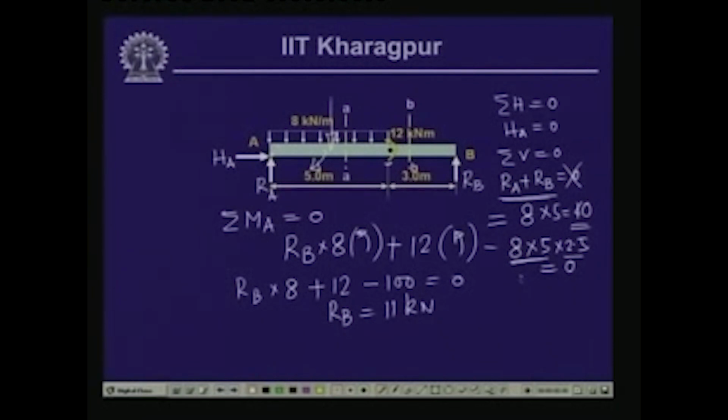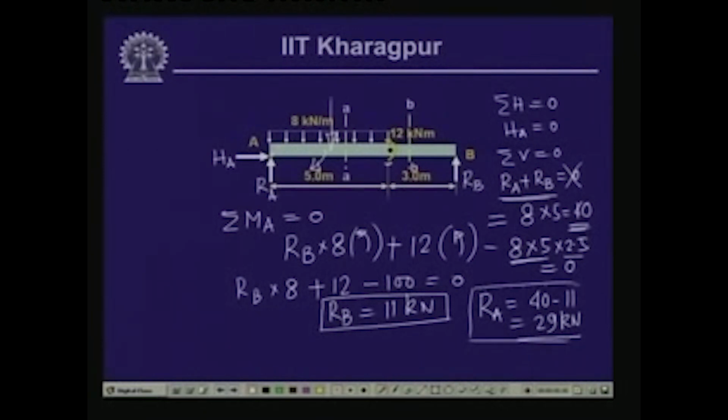Now, since RA plus RB equals 40 kilonewton and RB alone is 11 kilonewton, RA equals 40 minus 11, which is 29 kilonewton. So, the reactive values are RA equals 29 kilonewton and RB equals 11 kilonewton.